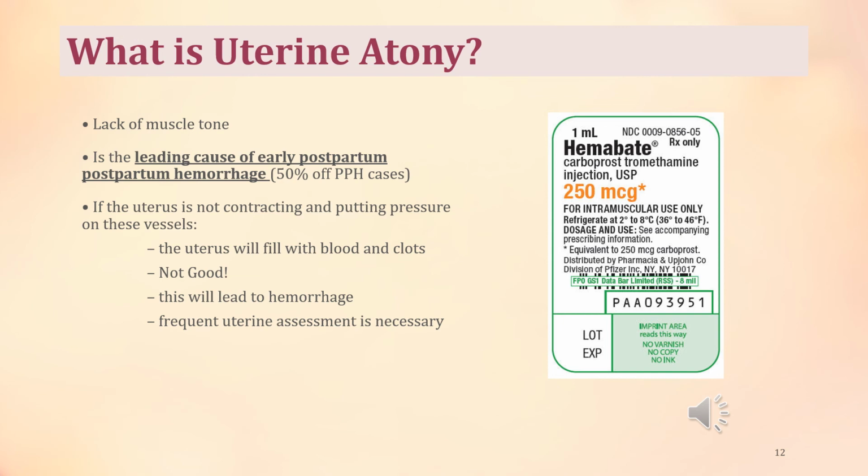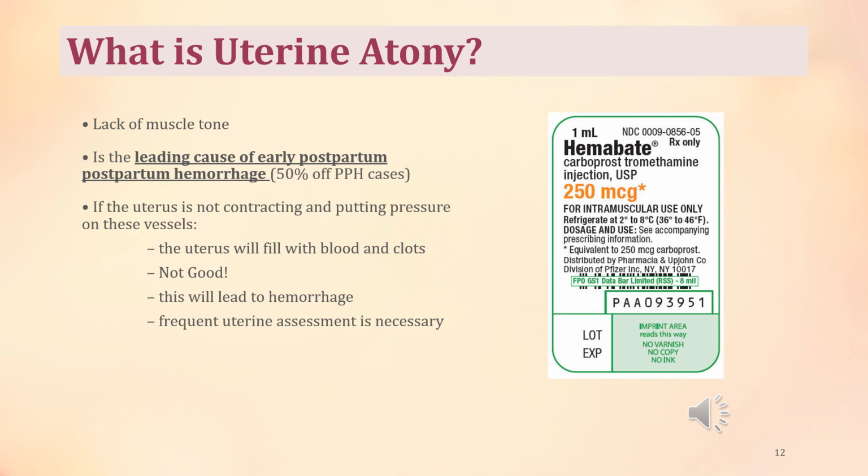When I massage that fundus, that uterus should cramp down and become about grapefruit or softball size. If we're not doing that, then that allows those places inside that uterus to bleed. And uterine atony is really one of the biggest causes of postpartum hemorrhage.